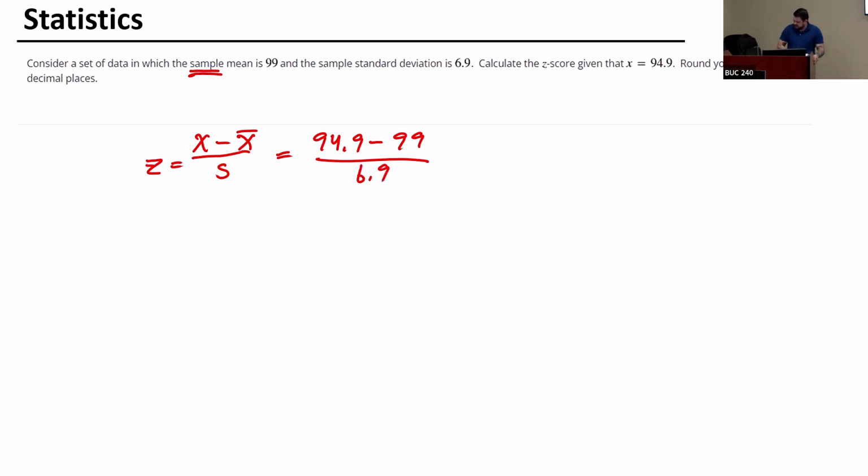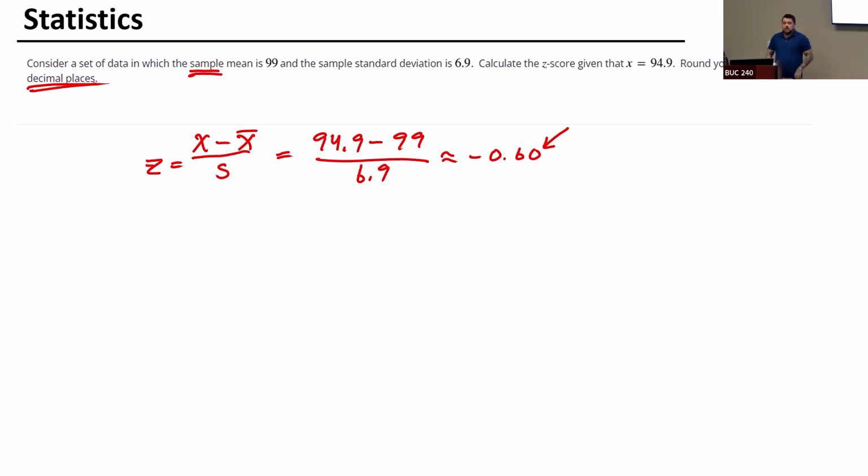Anybody got a number for me? Negative 0.59, or round it up to negative 0.60. And annoyingly, Hawks is going to want that 0, because it does tell you to round to 2 decimal places, even if that decimal turns into a 0.